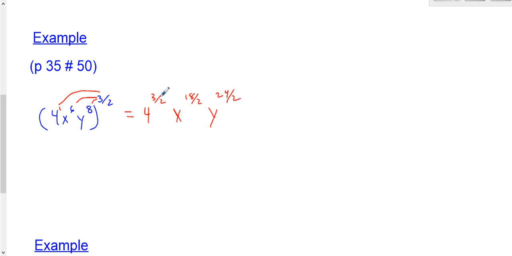Again, with the denominator of 2 on the 4, that is going to be the square root of 4. And I could take the square root before I take the exponent of 3. So I have the square root of 4 to the 3rd power. On the exponent for x, I have 18 over 2, which is 9. So x to the 9th.